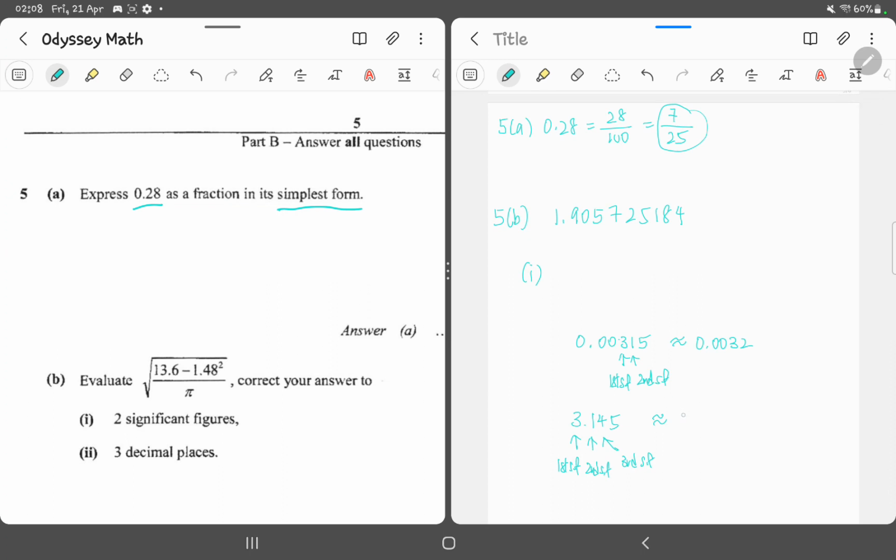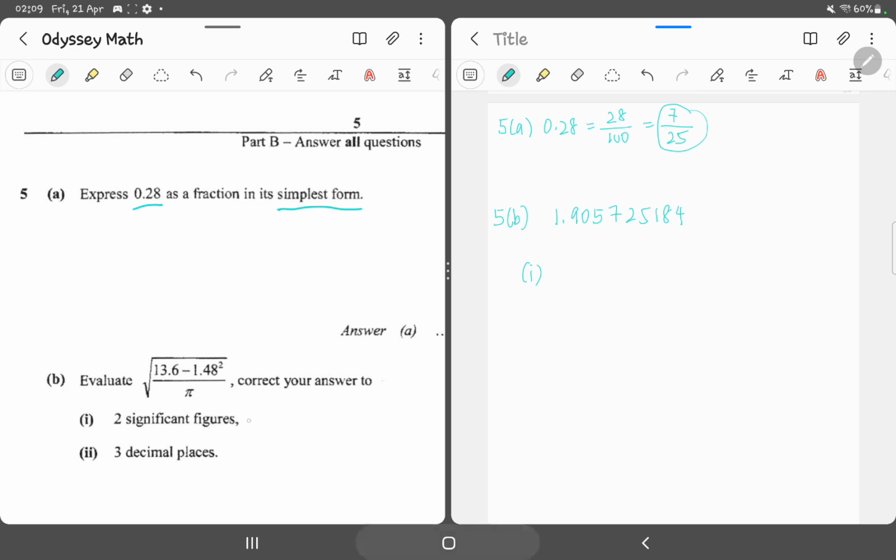So this will be approximately equal to, for the third SF, I look at the digit 4 over here, and I look to the number to the right. It is 5, so I need to round up. So to 3SF, this is 3.15. So that is the recap on significant figures.